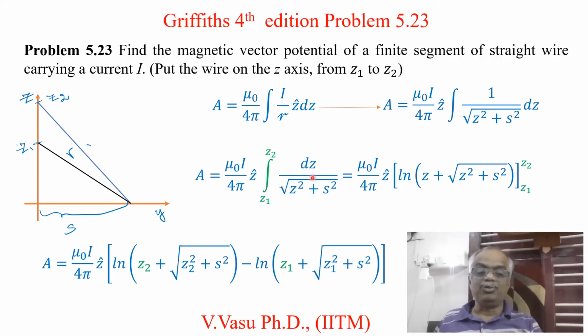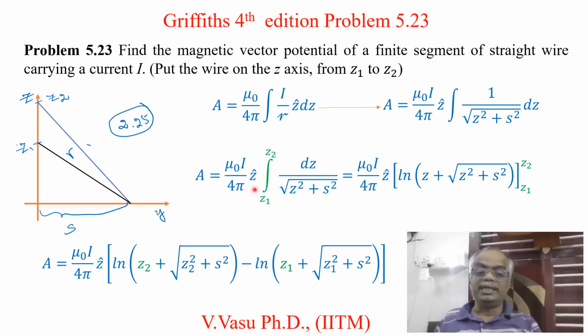If we integrate 1 over the square root of z squared plus s squared, we have seen this in problem 2.25. Kindly refer to my problem 2.25; I have given the link in the description box.